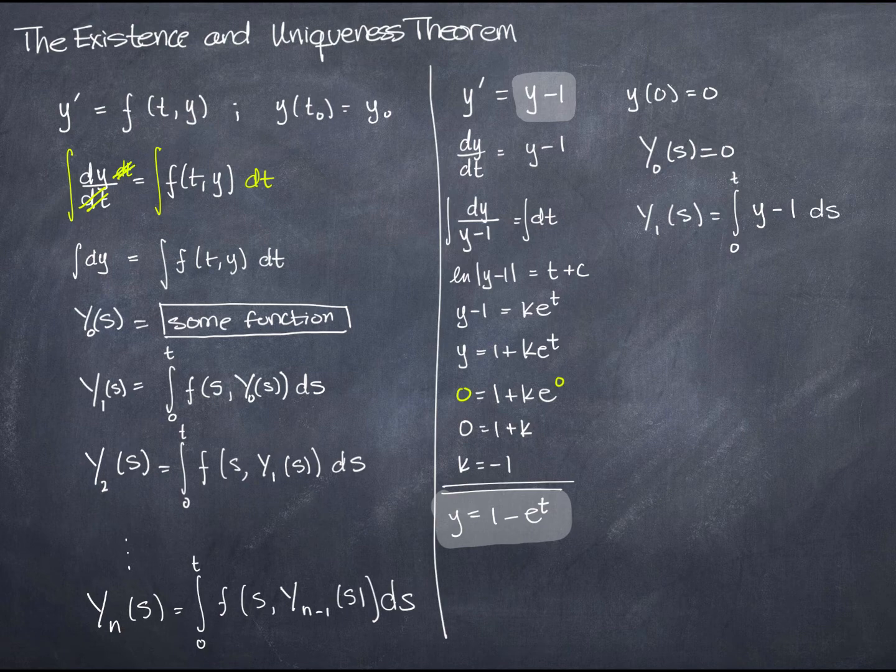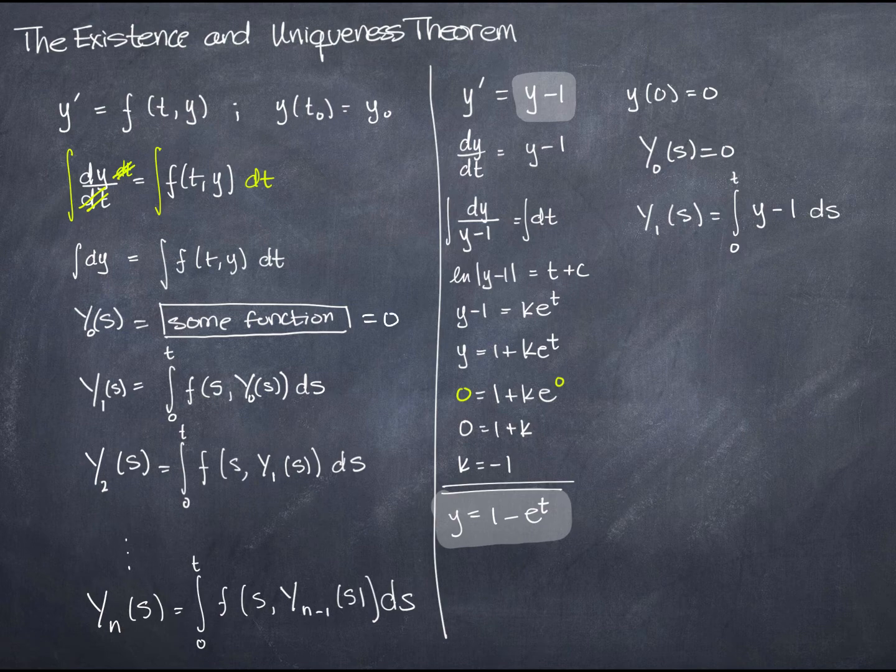However, I know what that function is. This is a function with variables s and y of s. And what we're going to do is, for our first iteration, we're on this step right here, we're going to replace all my y of s's with this function that we selected. And the function is 0 in this case. It will be 0 in many cases.